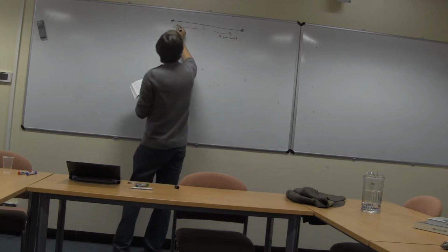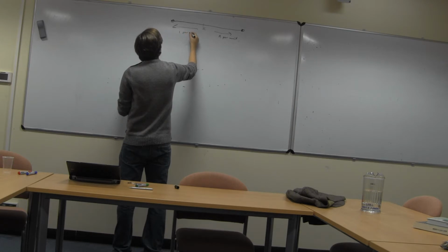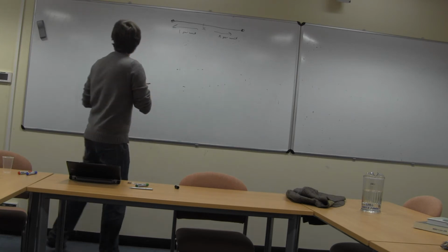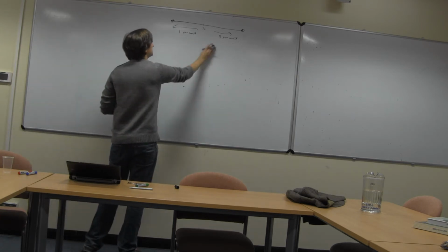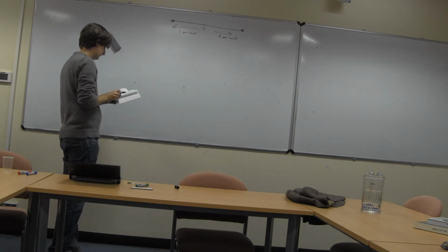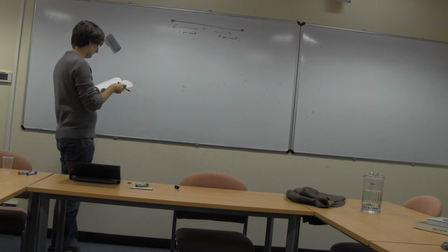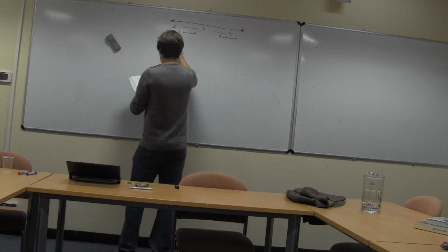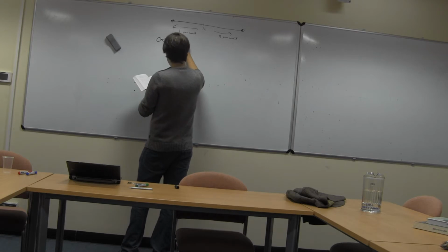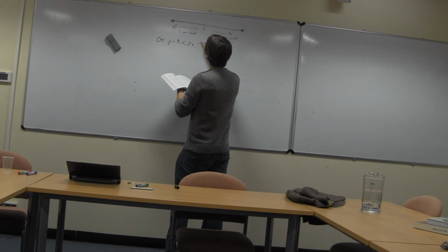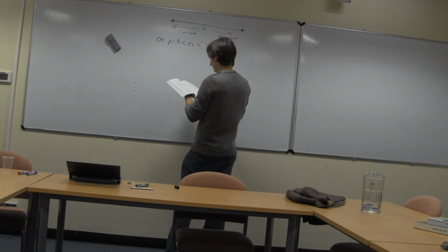But if you go this way, you just pay 1 per unit. And we're told that naught is less than P1 minus R, less than P2 less than 1 plus P1.